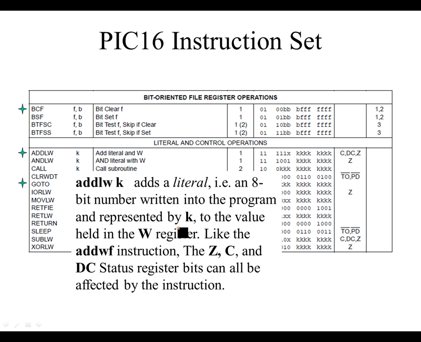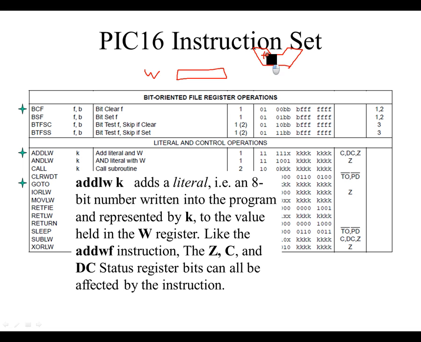The next instruction we're going to look at is add literal to W, and the operand is K, which is a literal. So you have to put the literal value. When we talk about literal, it's just a number. So if we want to add 8 to the W register, let's say we have the W register here, and we want to add 8 to that.